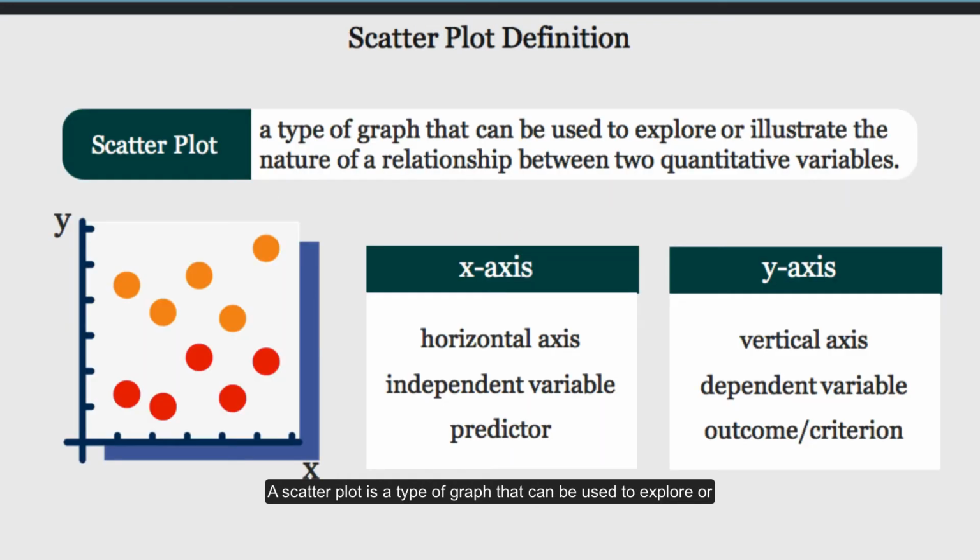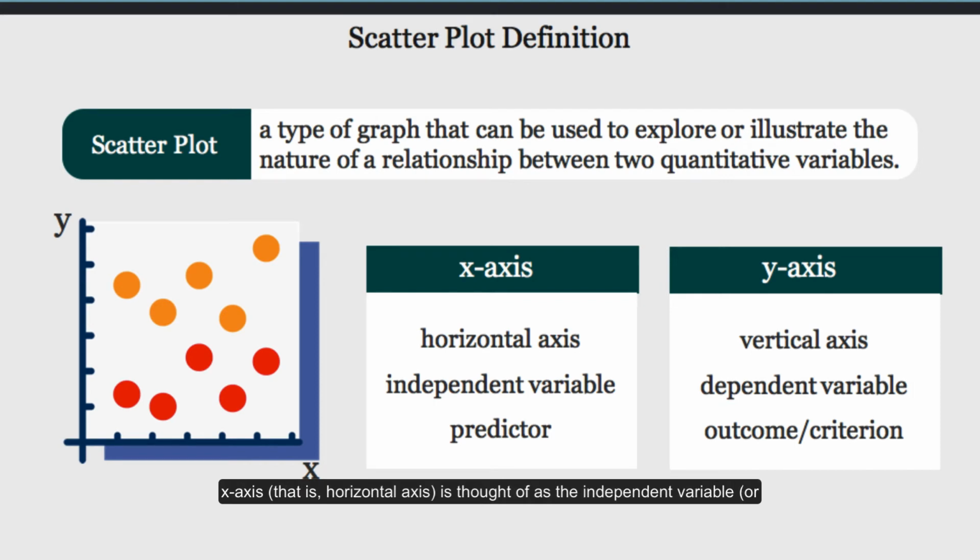A scatter plot is a type of graph that can be used to explore or illustrate the nature of a relationship between two quantitative variables. A scatter plot has two axes, x and y. Any observation contributes a point, x y, to the plot, indicating their scores on variable x and variable y.